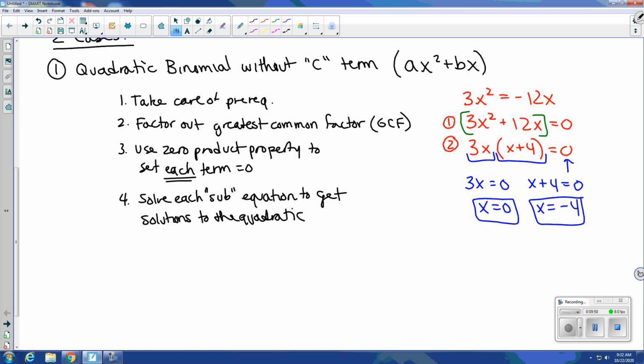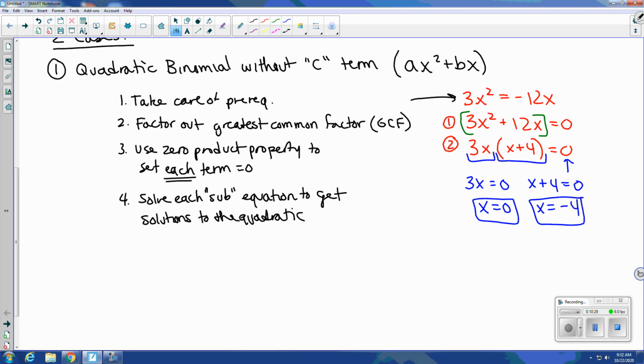Now remember, when you're solving an equation, you're looking for values of x that would make that equation true. So when we looked at that original equation here that we were given, we're looking for values of x that would make 3x squared equal to negative 12x. We've found through the factoring process that if x were 0, that equation would be true. And you can see if you plug in 0 for x, that original equation would be 0 equals 0.